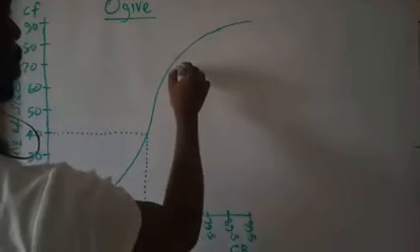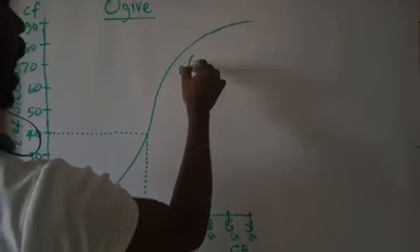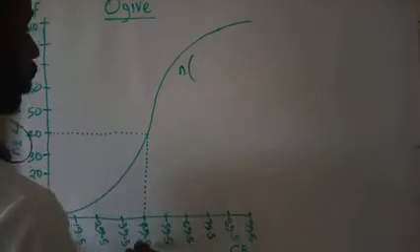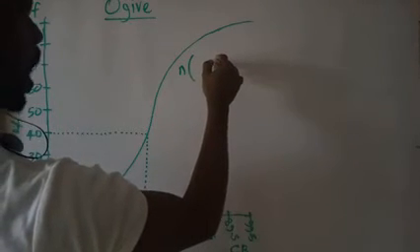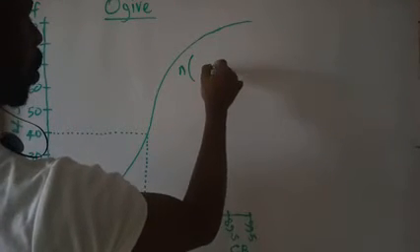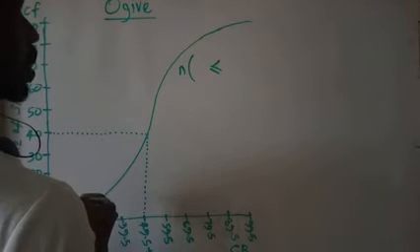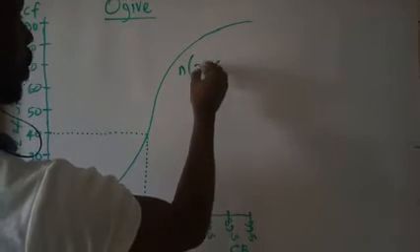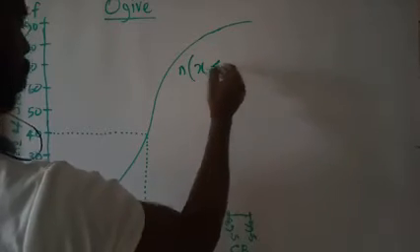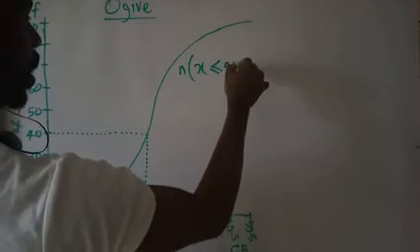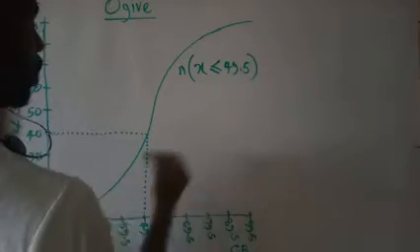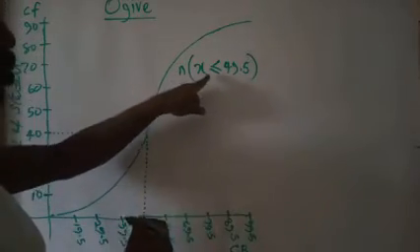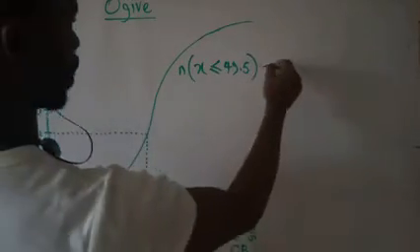So I'll write number of students that scored at most 49.5. And the symbol for at most is less than or equal to. That's the symbol for at most, less than or equal to. So x less than or equal to 49.5, number of students that scored at most 49.5.